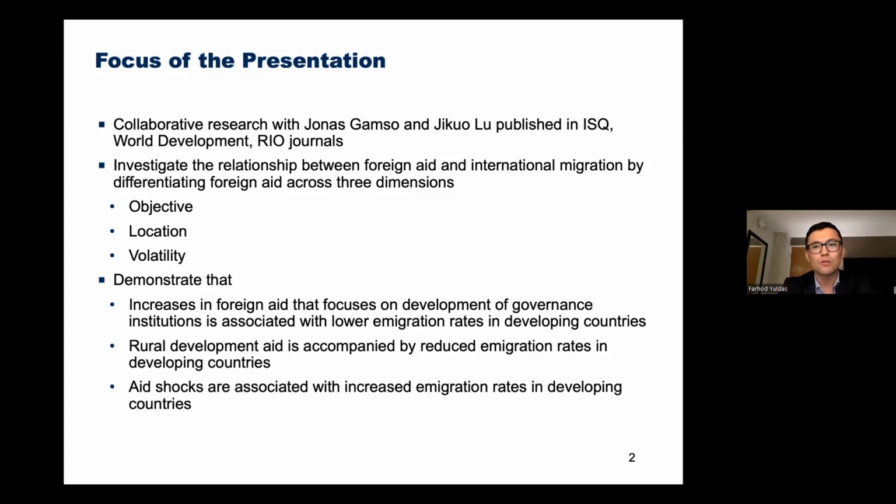A few papers from this research program have been published at ISQ, World Development, like Professor Peliso mentioned, as well as the Review of International Organizations Journal.